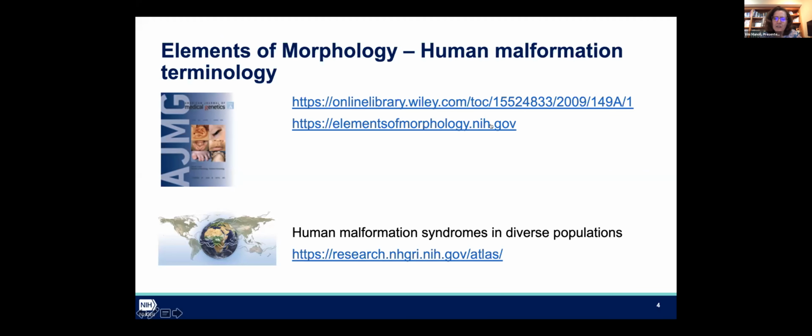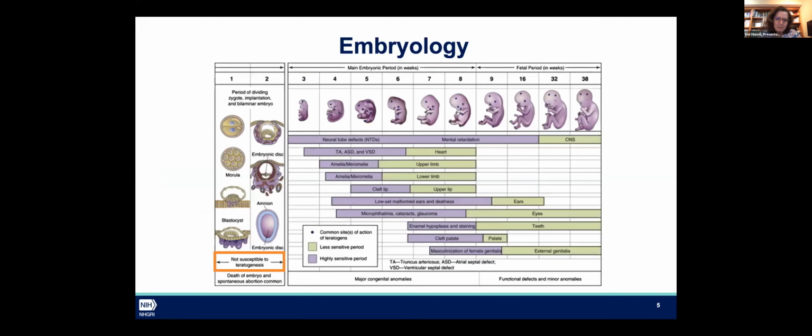It's on our NHGRI website, and in this American Journal of Medical Genetics series of papers by Dr. Biesecker and others that you should really have readily available. And I put this nice resource from our institute about malformation syndromes in diverse populations. That's a nice place to find phenotypes of these conditions in different ethnic backgrounds.